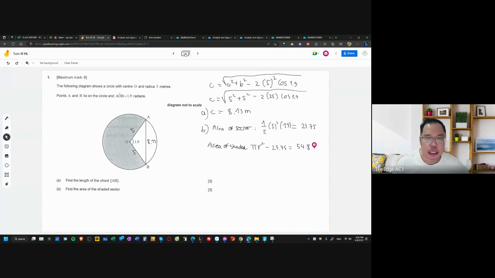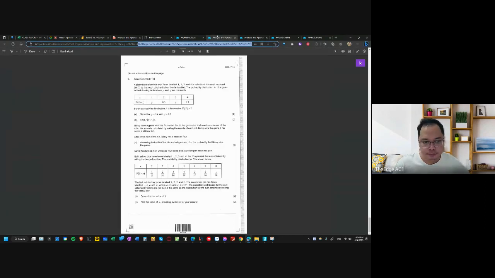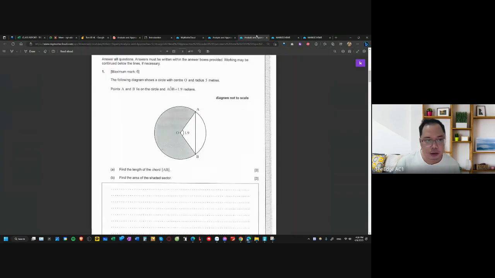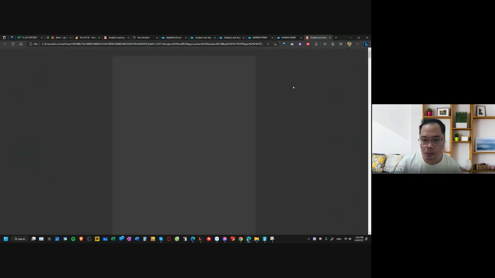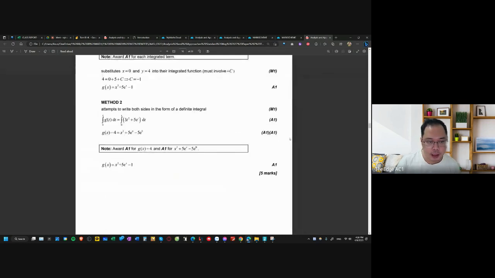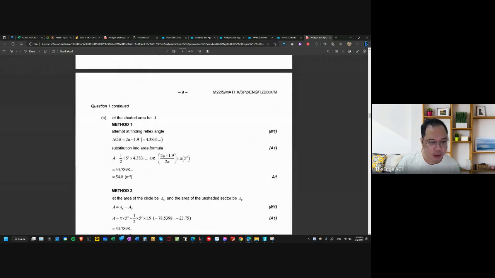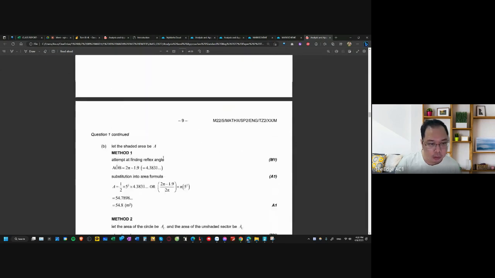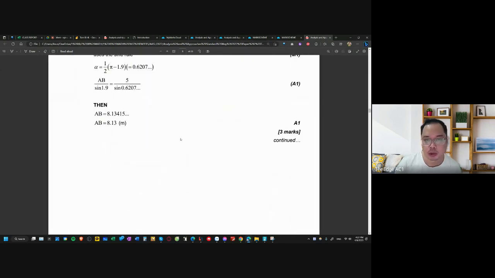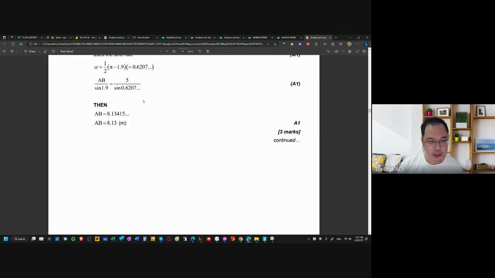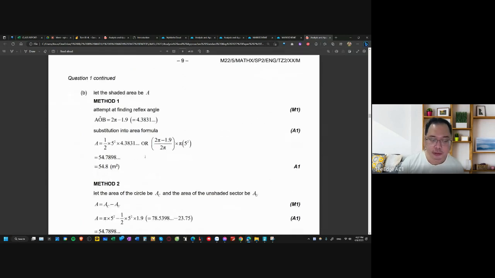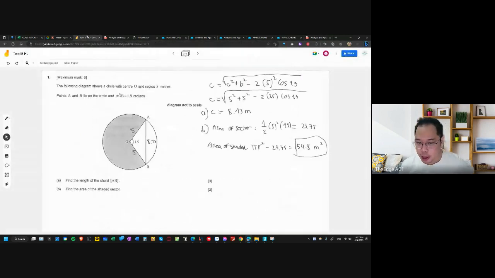C is 8.13. Paper 2002 mark scheme, question 1. Yeah, the length AB is 8.13. The area is 54.8. Okay, correct.